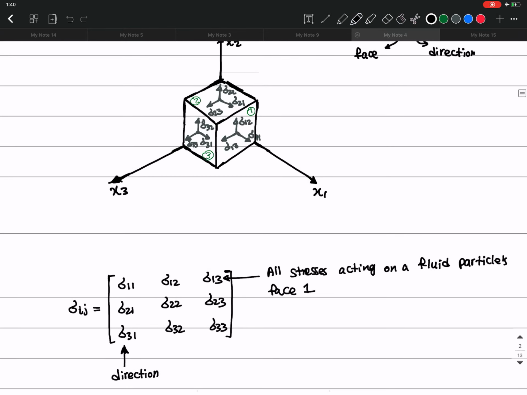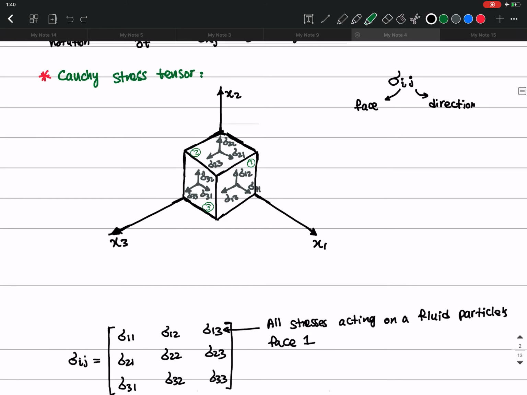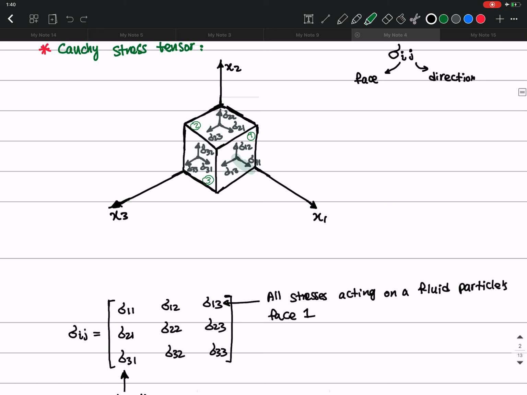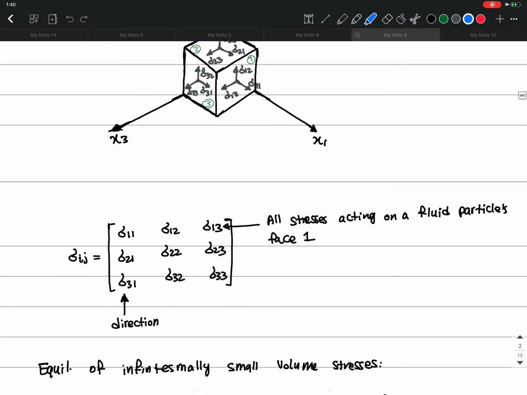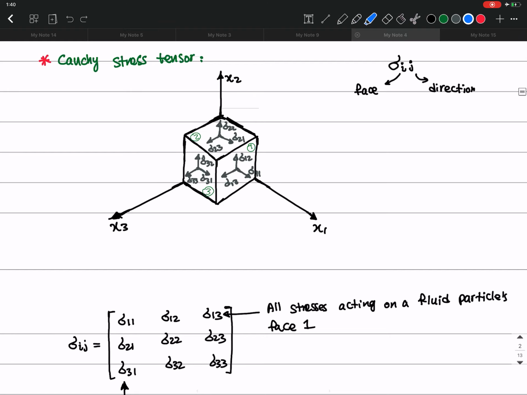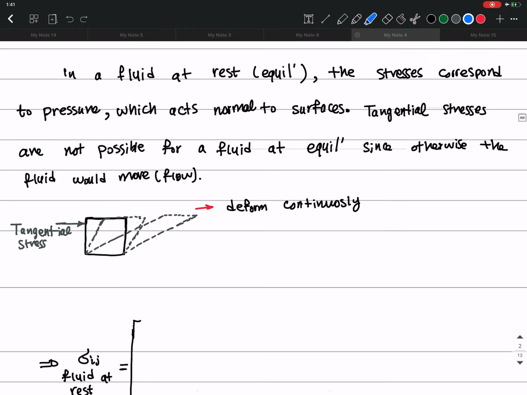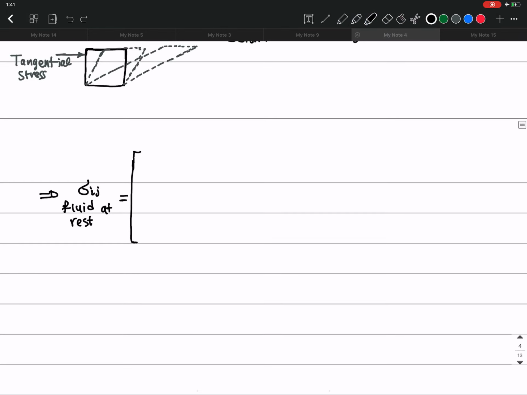So the normal forces are just in the diagonal of this matrix: sigma 1,1, sigma 2,2, sigma 3,3, right? So they are all in the diagonal of this matrix. And we know that the pressure forces are always normal to the surface, right?